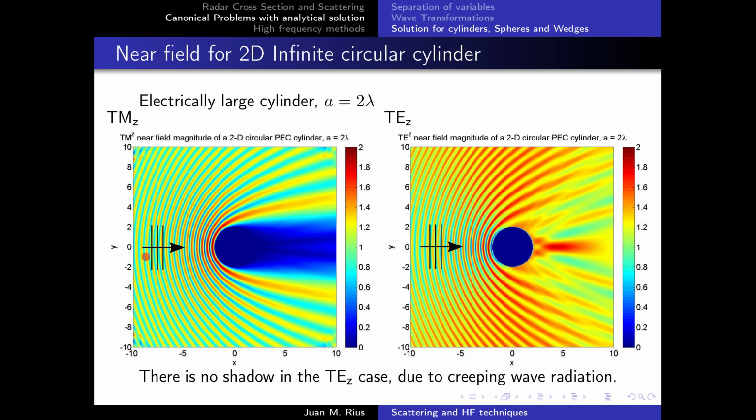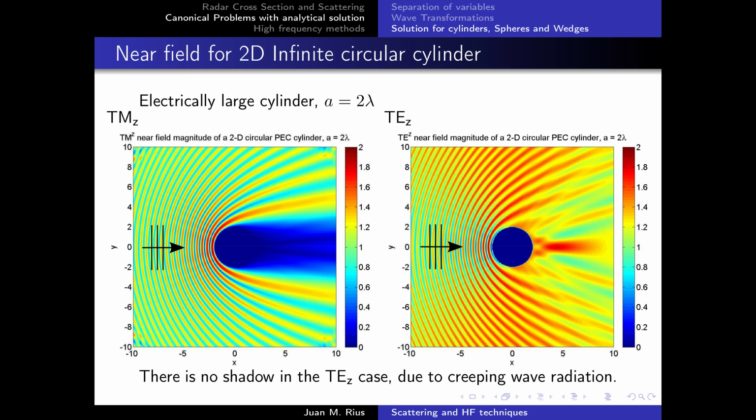Here we can clearly observe the reflected field in the TM case, a standing wave here, and in the TE case we also have a reflected field and a standing wave. So in both cases, TM and TE, the cylinder reflects the incident field back to the source of the incident wave.